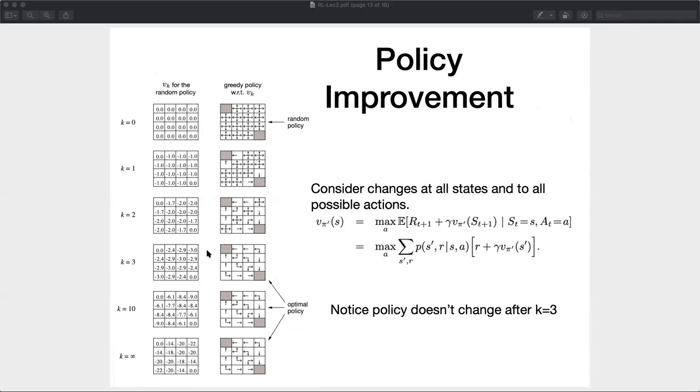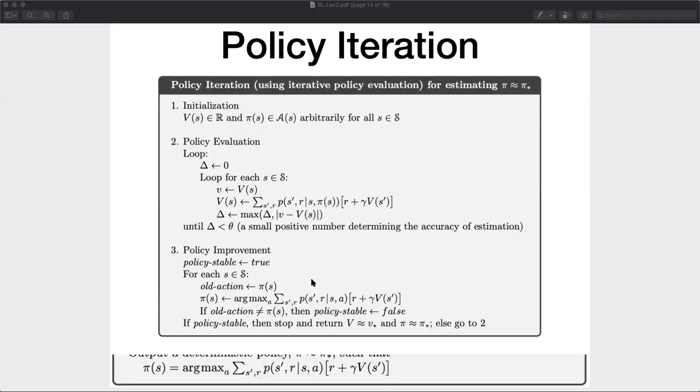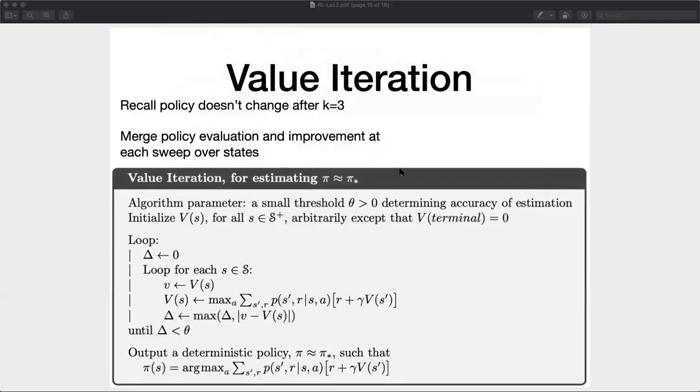Well, what if we took some extreme limit? What if we merged the two concepts? What if I just did one update of the value approximation and then used that to update the policy? So that's what this method, this implementation gets at. So it's an approximate method.